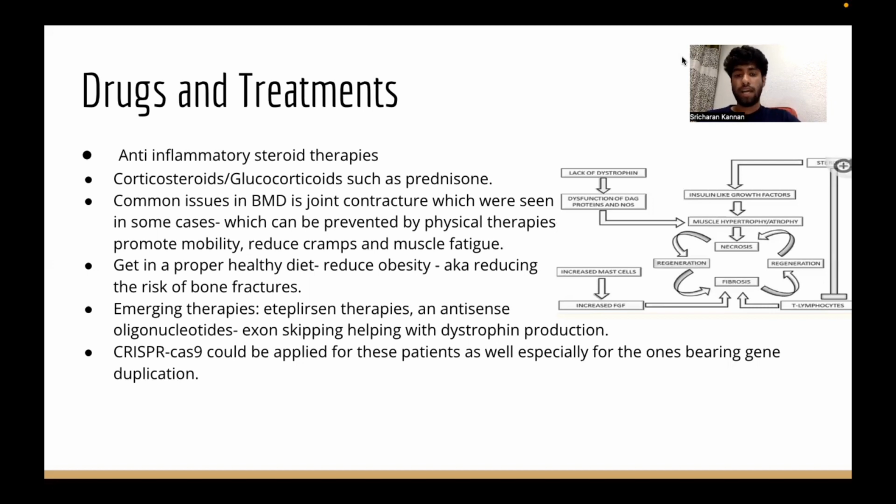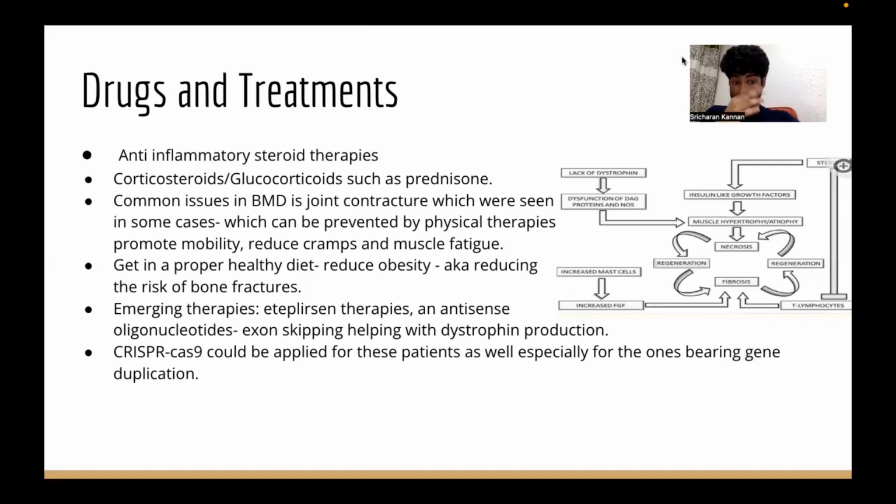Try not to get fat by eating junk food or anything that puts you in obese conditions, which might increase the chances of bone fractures. The way to get rid of that is having more vitamin D and calcium in your diet, which also benefits your bones. That's the importance of a proper diet.